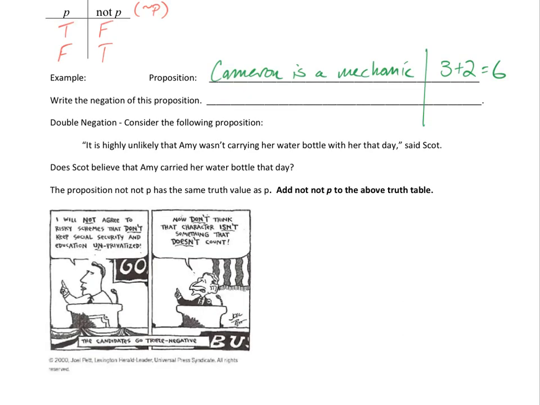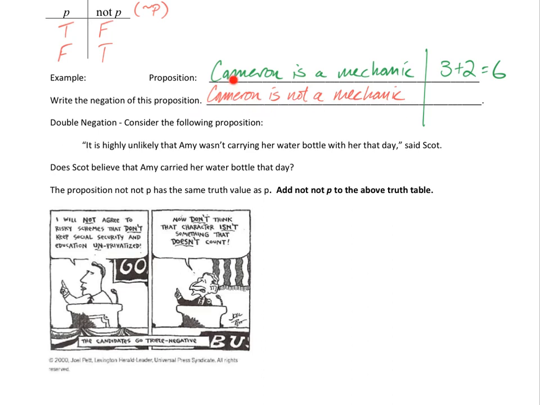So in this next little section, we have a couple of legitimate propositions, not just truth values of propositions. We could say, Cameron is a mechanic. Well, the negation of this proposition would be something that says the exact opposite, like, Cameron is not a mechanic.